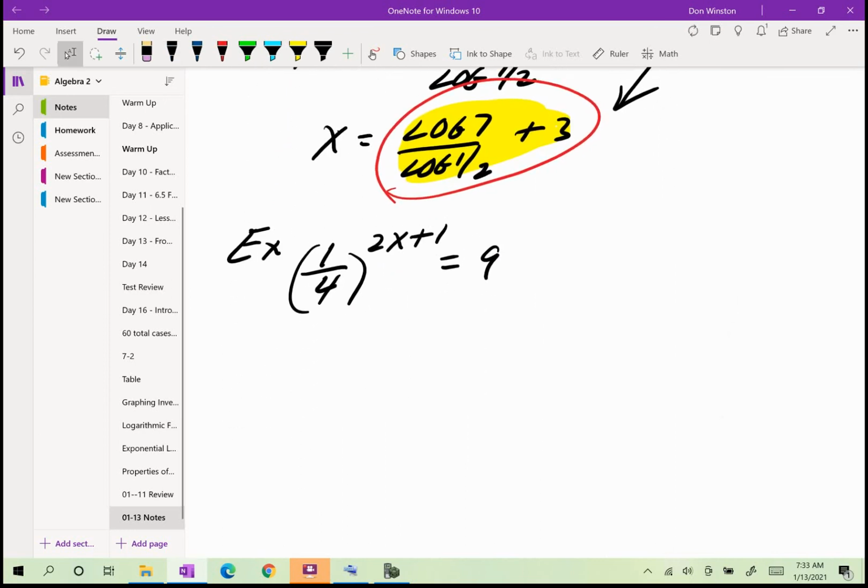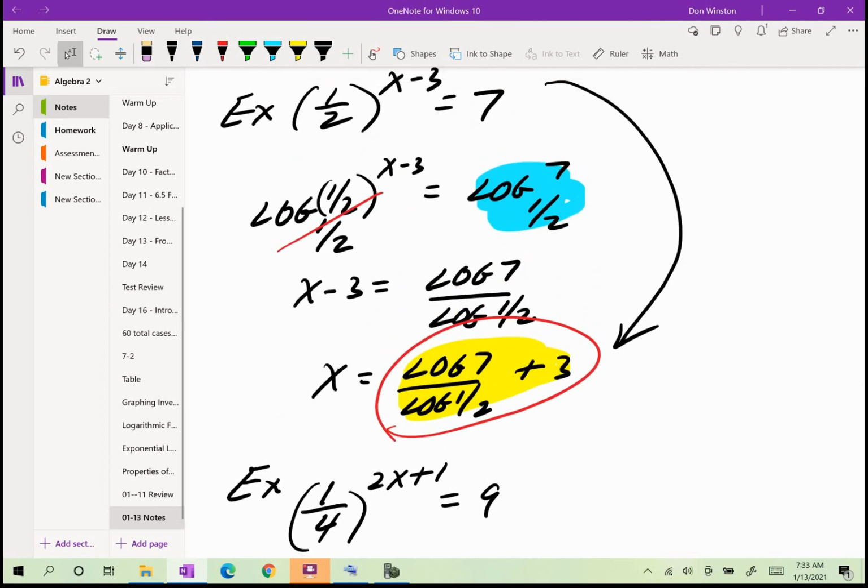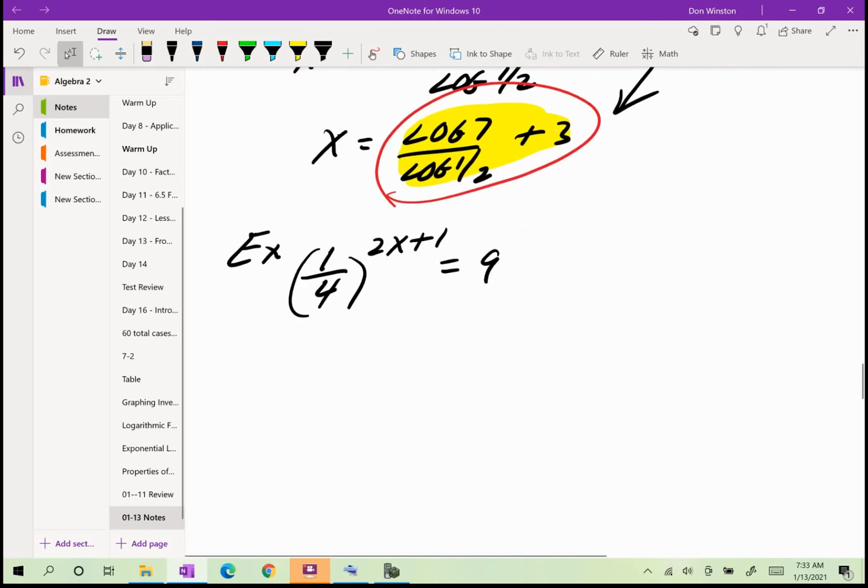So here again, I notice I have a base 1/4 and base 9. There's no way I can find a common base. So I'll just take, and again, I could have taken the common log of both sides for the previous example. I just use inverse properties.